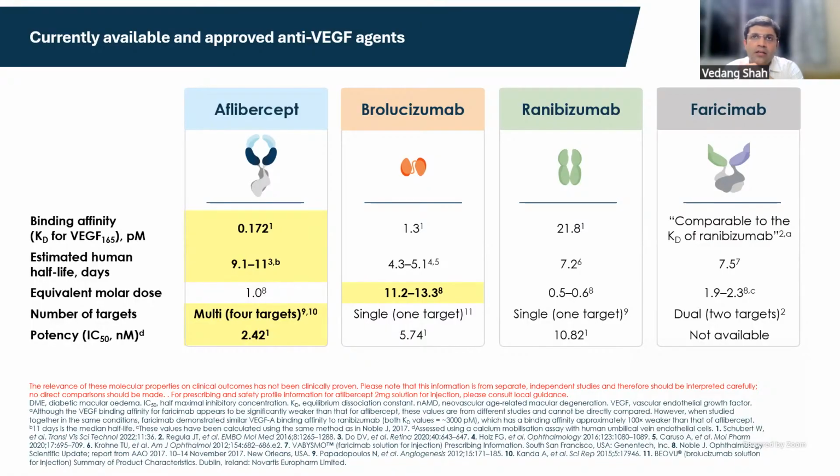Some are indicated for diabetic retinopathy and vein occlusions. If we look into aflibercept, overall, it has multiple targets, and that is why aflibercept seems to work better in comparison to the others that are available.